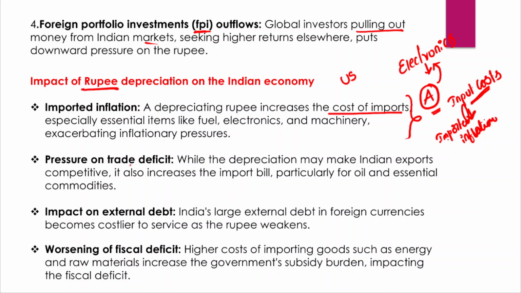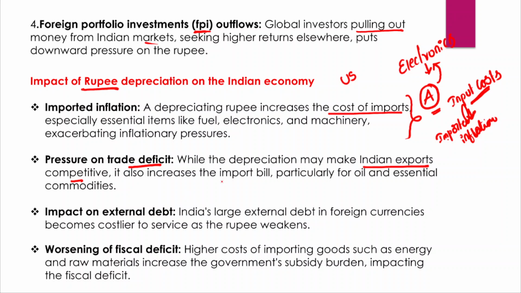And apart from that, there is also a huge pressure on the trade deficit as well. How does it put pressure on the trade deficit? A depreciation may make Indian exports competitive, right? So when the rupee is depreciating, that essentially means it increases exports from the Indian economy.